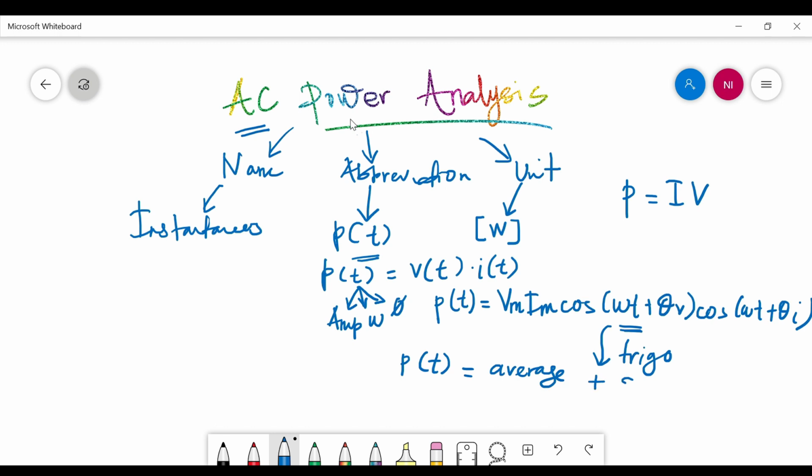The second part is a sinusoid. This sinusoid is time dependent, and this average power is constant and also convenient to measure. So we focus on this average or constant power for analysis.